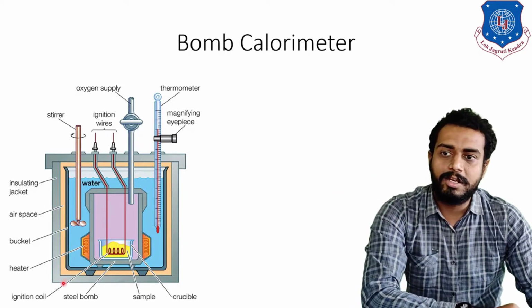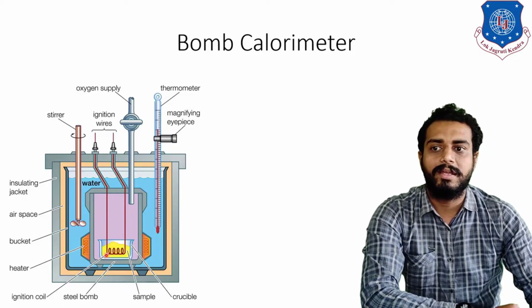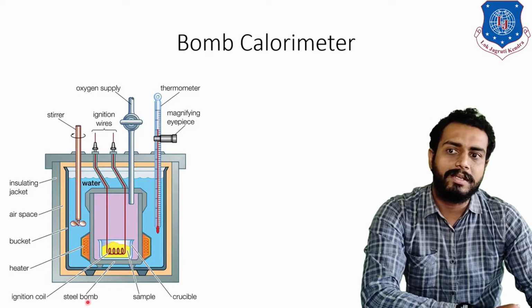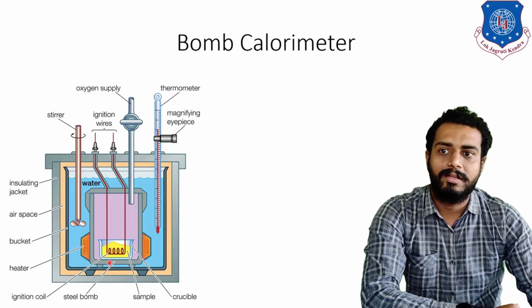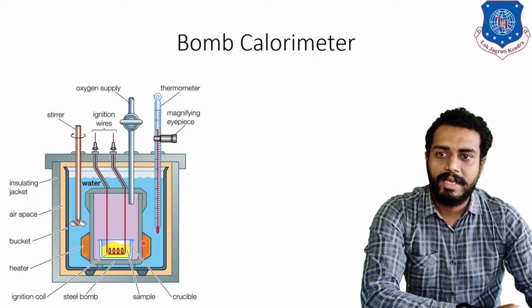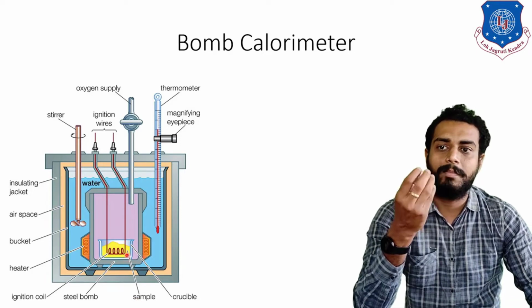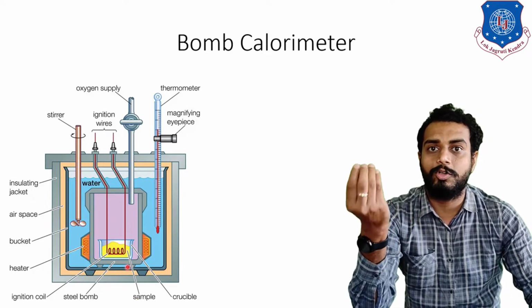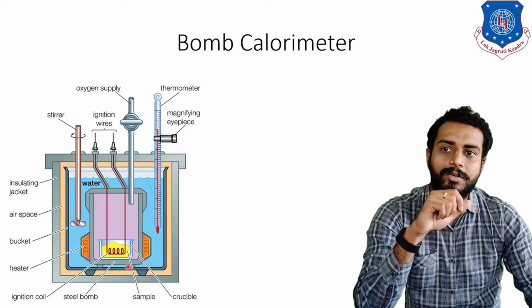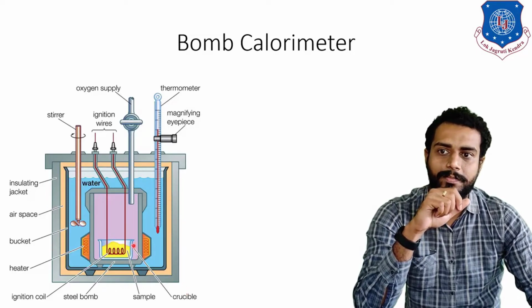Okay, then the ignition coil is there. Then the steel bomb is there. This whole structure is the steel bomb, right? And then the sample is there. The sample is the fuel of which you want to measure the calorific value. Then the crucible is also present.